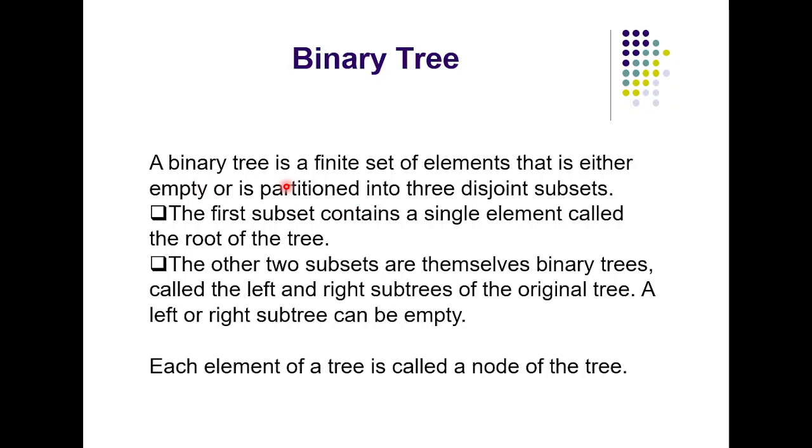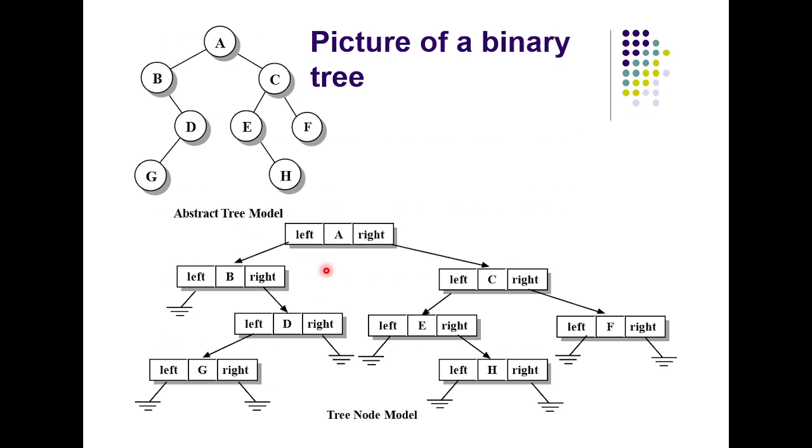A binary tree is a finite set of elements that is either empty or is partitioned into three disjoint subsets. The first subset contains a single element called the root of the tree, and the other two subsets are themselves binary trees, like you can see in this picture. The element at the top of the tree is called the root, and it has a left subtree and a right subtree.